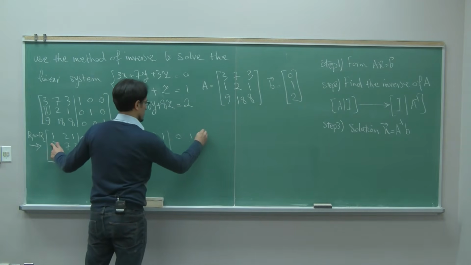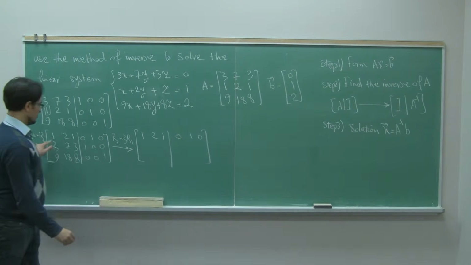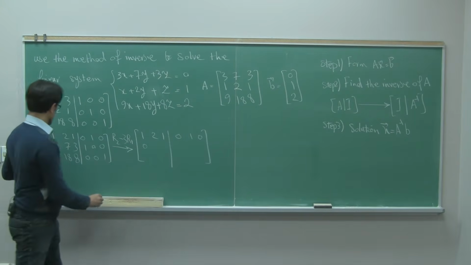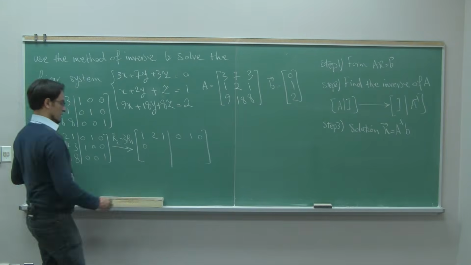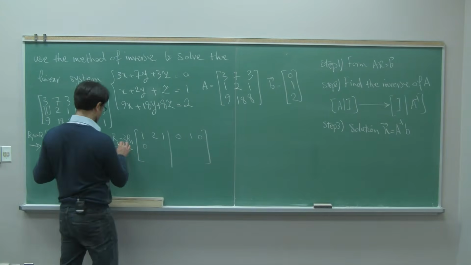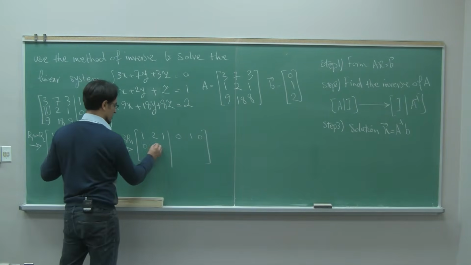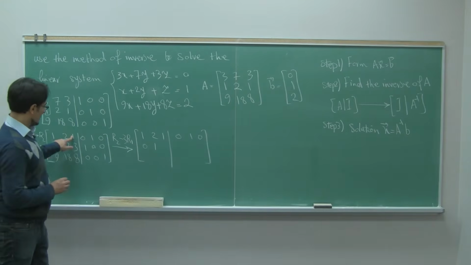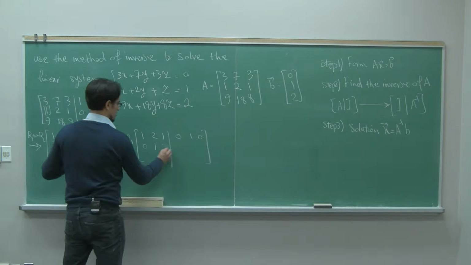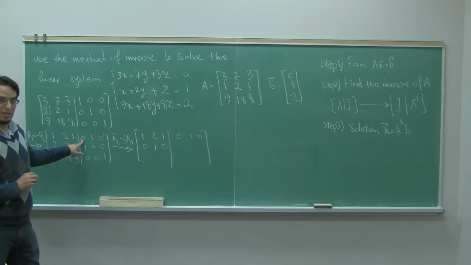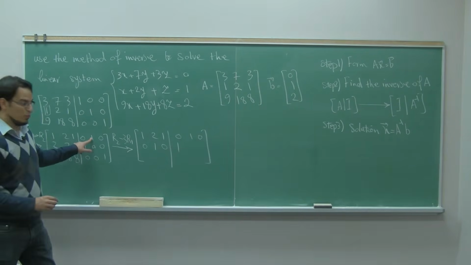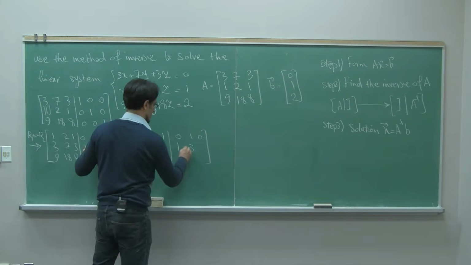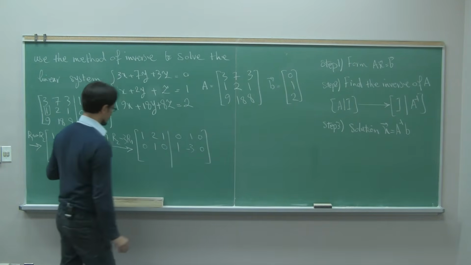And row 2 will be 0. -3 times 2 is -6, added to 7, you get 1. Negative 3 plus 3 is 0. Negative 3 times 0 is 0, plus 1 is 1. Negative 3 times 1 is negative 3, added to 0 is negative 3, and this is 0.